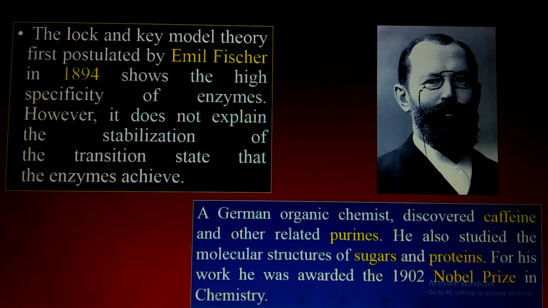Are you familiar? If you are not familiar, just go through my lecture about carbohydrates. You will get this point, the Fischer projections. For his work, he was awarded the Nobel Prize in Chemistry in 1902. Is it clear? Okay.